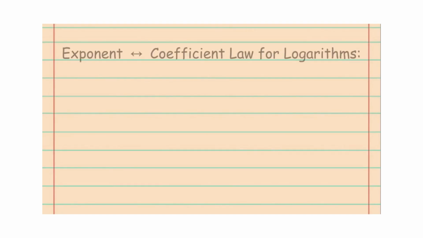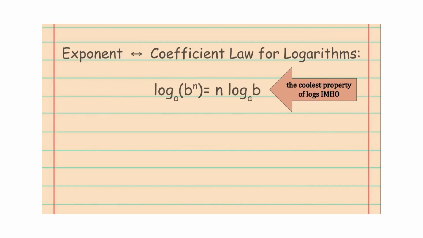Finally, we have the exponent to coefficient law, or coefficient to exponent law. It reads like this. Log base a of b to the n equals n times log base a of b. This is the coolest property of logarithms, in my humble opinion.